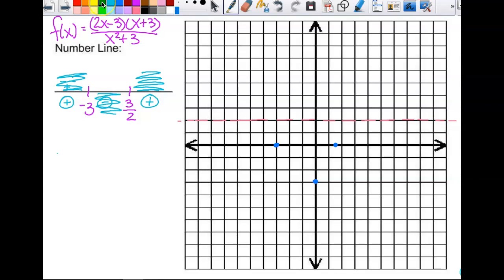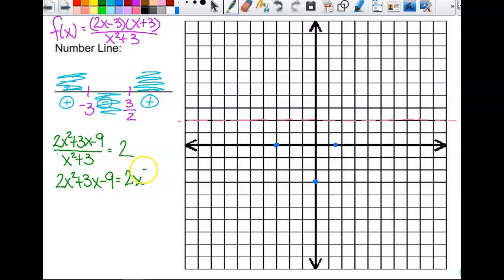So I take my unfactored version, which is 2x squared plus 3x minus 9 over x squared plus 3. Set that equal to what? 2. Very good. Multiply both sides by the denominator. So I still have 2x squared plus 3x minus 9. Then when I multiply, I'm going to distribute at the same time.